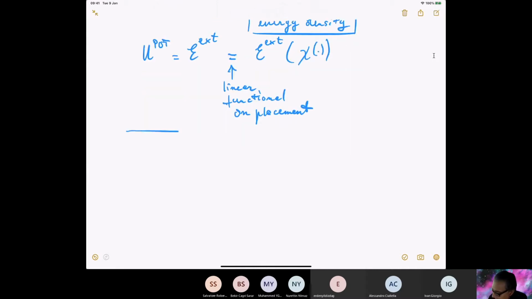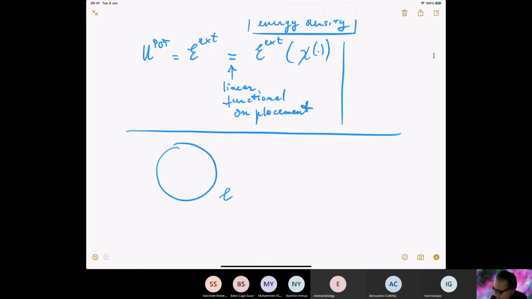Then this assumption is related to our idea that in the actual configuration, every material particle of our continuum body, for instance, is subjected to a weight force. So you have a force depending on mass density rho and g, the gravity acceleration.